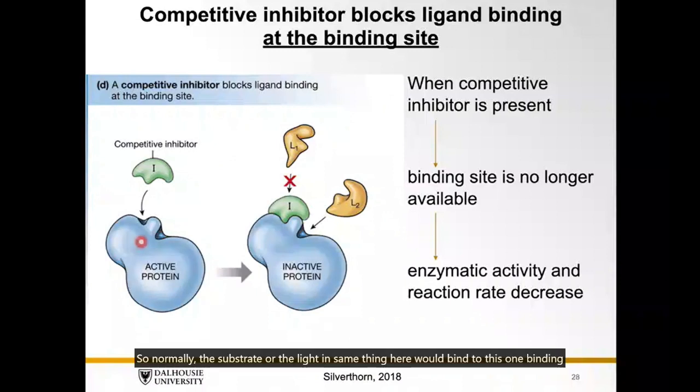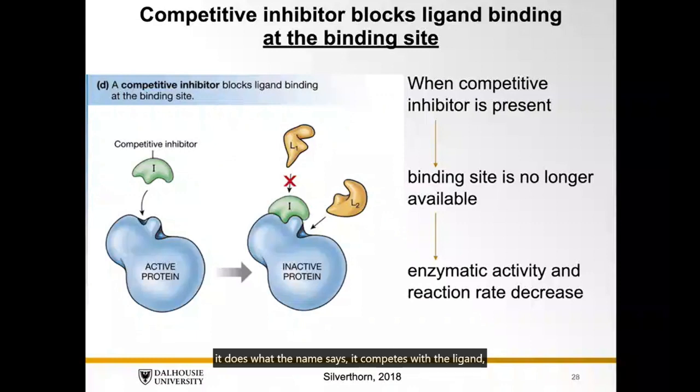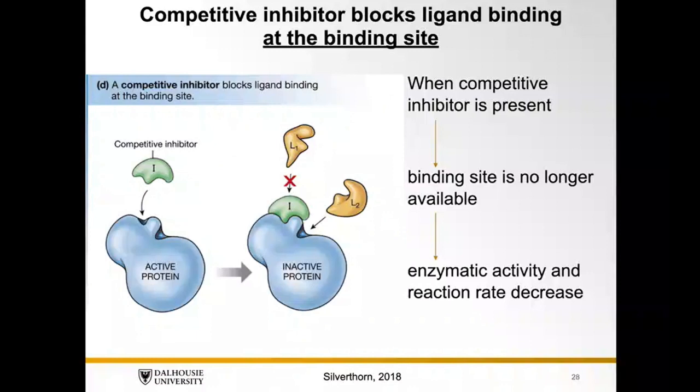So normally the substrate or the ligand, same thing here, would bind to this one binding site and this second binding site. When a competitive inhibitor is present, it does what the name says, it competes with the ligand, meaning that its shape mimics one of the substrate so that it can actually fit in the binding site.